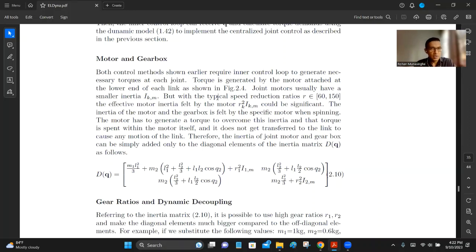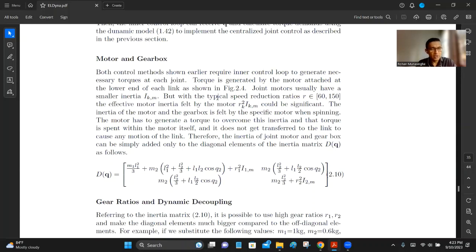Sometimes the link has some inertia which is bigger than the motor and the gearbox, if you look at the mass and all that. But when you are spinning the motor, you are spinning it very, very fast.